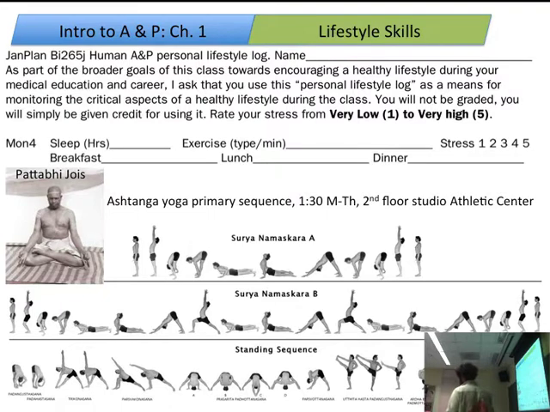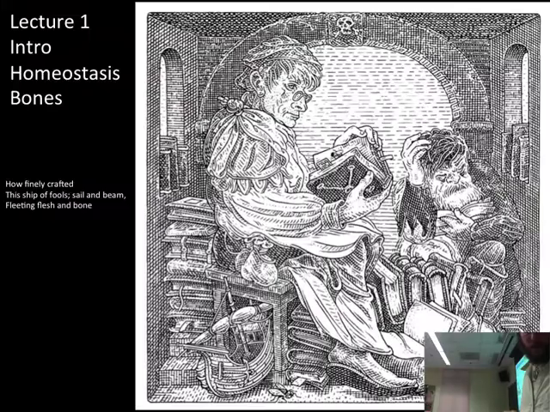But by the end of the semester, hopefully you will have learned the sequence so you can do it on your own at home without having to go to classes ever. So that's an opportunity for you as well, if you want to join me. Pattabhi Jois was the modern forefather of this type of yoga. He's now gone. All right, let's get to some actual stuff.